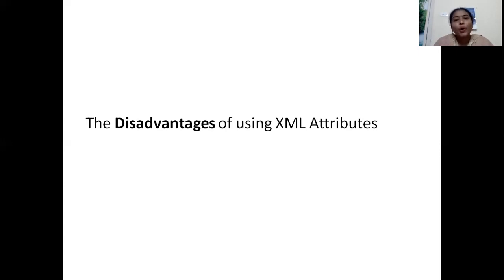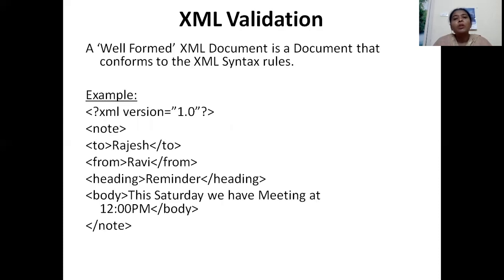So next, going to the next slide. How is a program said to be valid? If I write an XML program, how can I say it is a valid XML program? Before knowing whether it is a valid XML program, I should say first it should be a well-formed program.